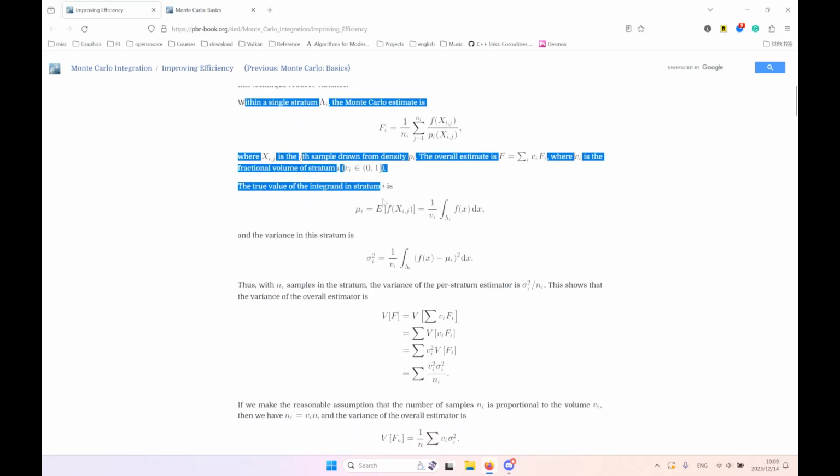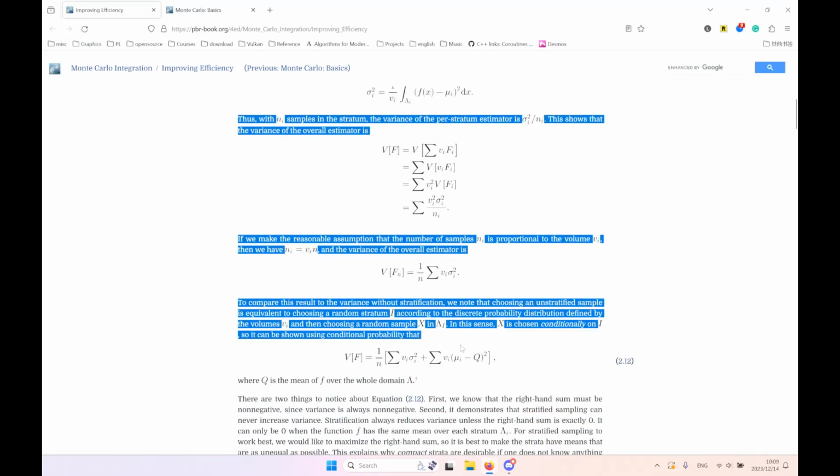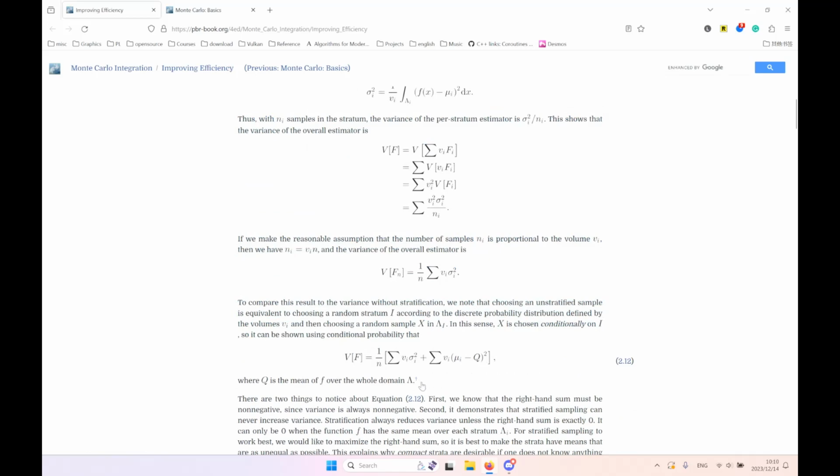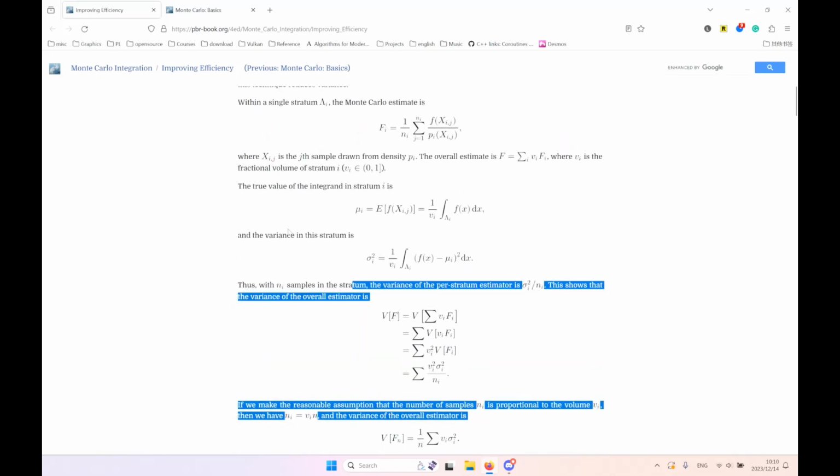And then there is the full analysis showing that this indeed reduces variance.